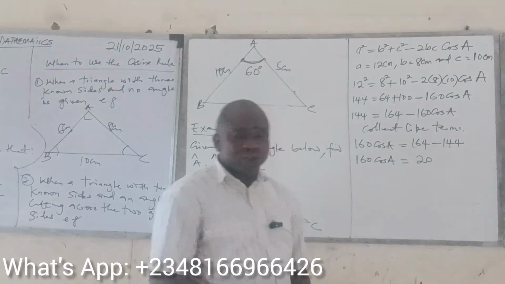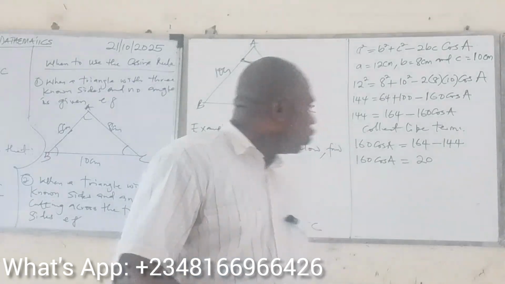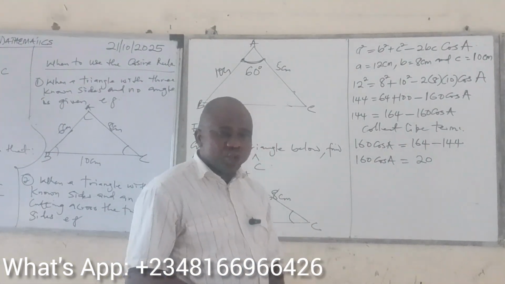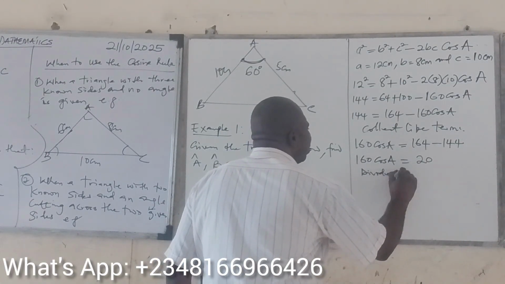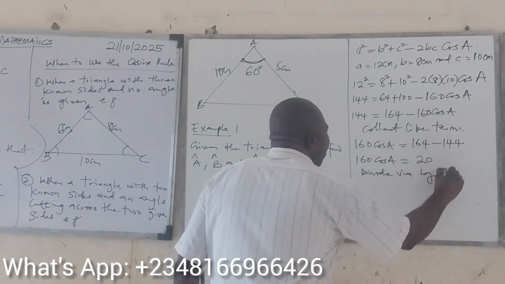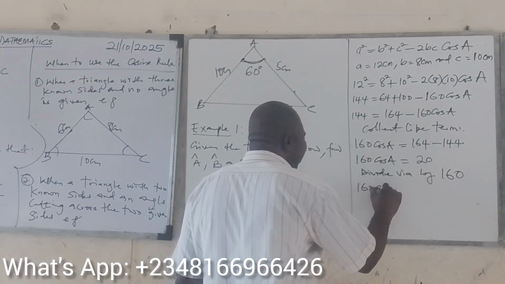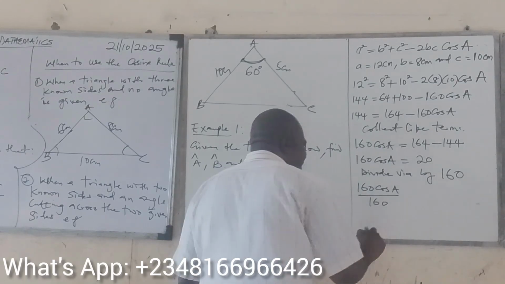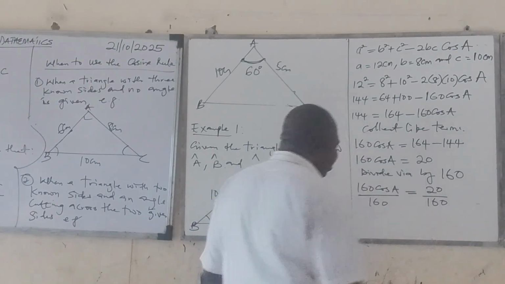So to get the value of cos big A, we divide both sides by the coefficient of cos big A, which is 160. So we divide through by 160. 160 cos big A divided by 160 is equal to 20 over 160.